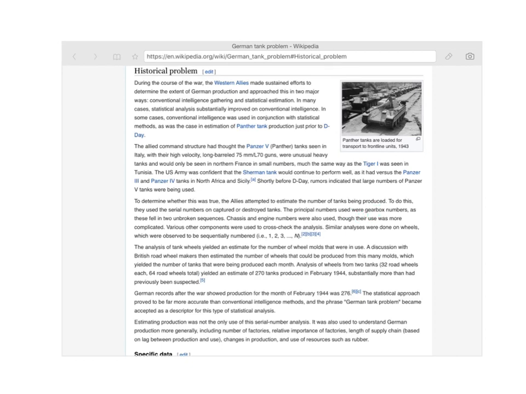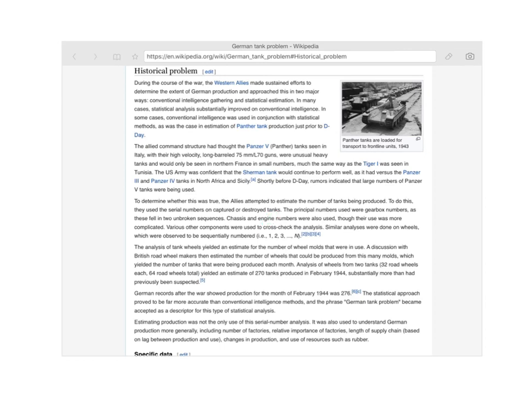What they ended up doing is looking at the serial numbers of captured and destroyed tanks and using those serial numbers to get an idea of how many tanks there were. Those serial numbers, from the captured and destroyed tanks, were their sample. They were trying to figure out exactly how many tanks the Germans had.